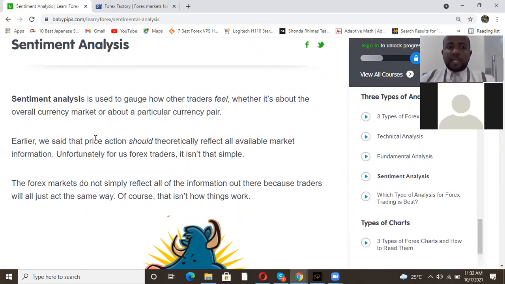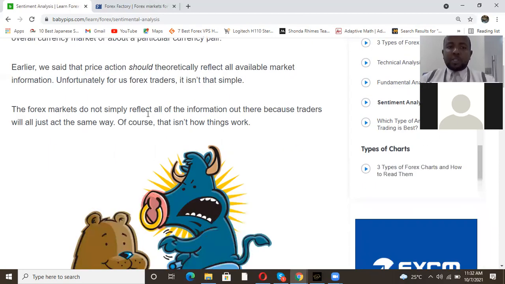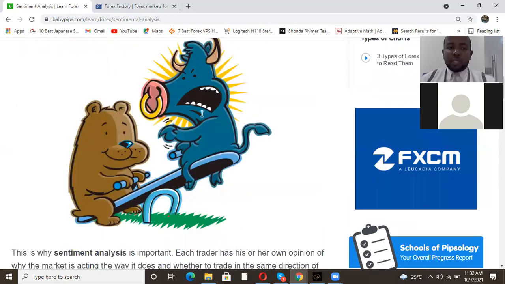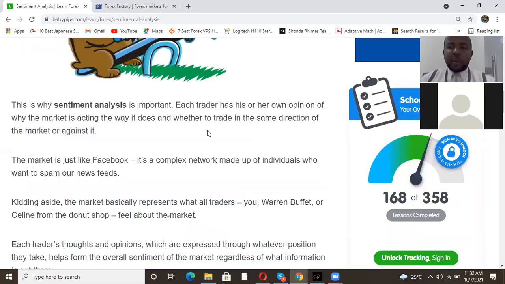Earlier we said that price action should theoretically reflect all available market information. Unfortunately for us traders, it's not that simple. The Forex market does not simply reflect all the information out there, because traders will not all act the same way. Of course, that isn't the way things work. So why is sentiment analysis important? We had talked about perception.